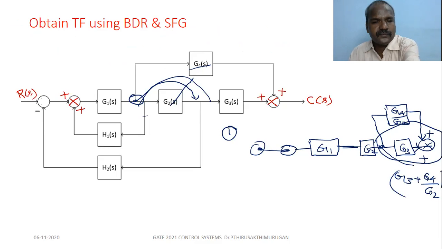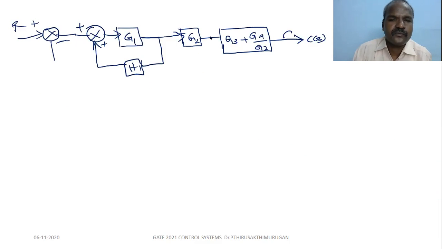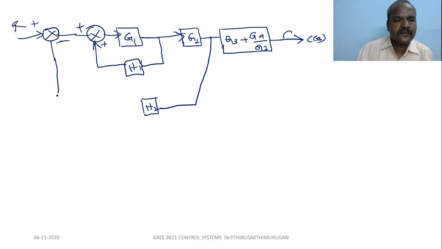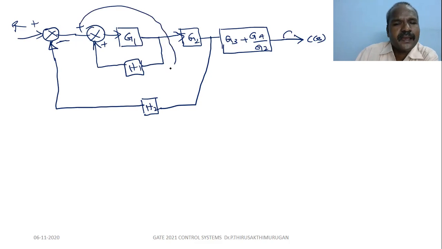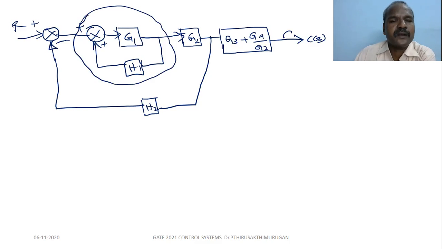Okay, next after G2, there is one more feedback path, that is H2, which is negative feedback. Now we can simplify this block by closed loop configuration.